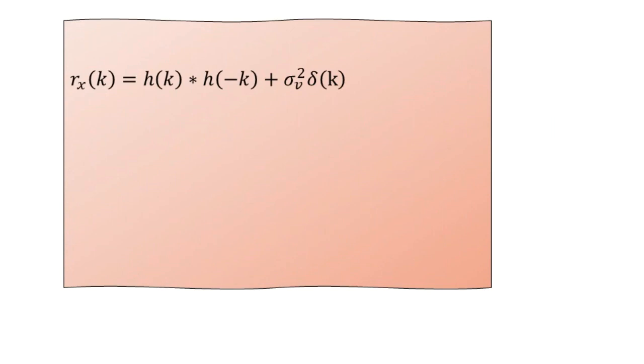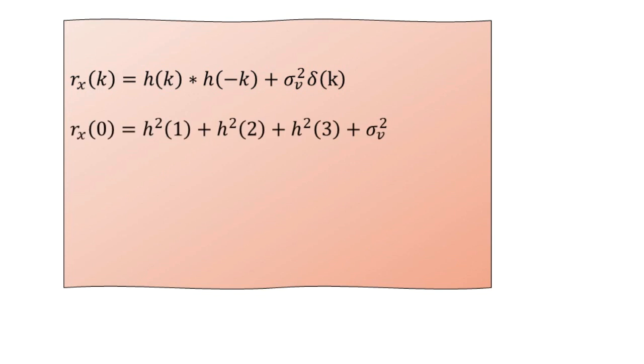This convolution result is further added to the variance sigma suffix v square multiplied by delta of k, that is the impulse. And since h of n is non-zero only for the values of n equal to 1, 2, 3, here we have Rx of 0 equal to h square of 1 added to h square of 2 added to h square of 3 added to the variance sigma suffix v square.